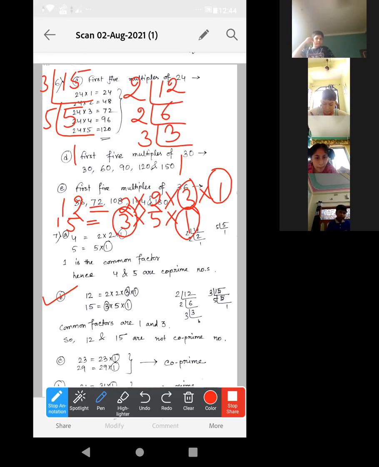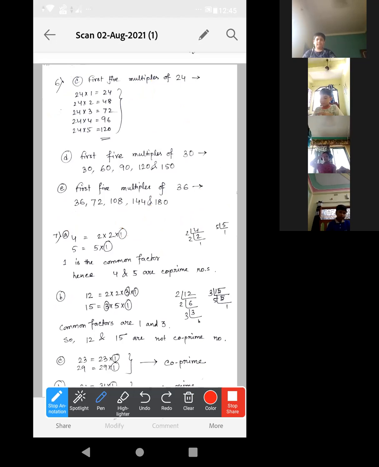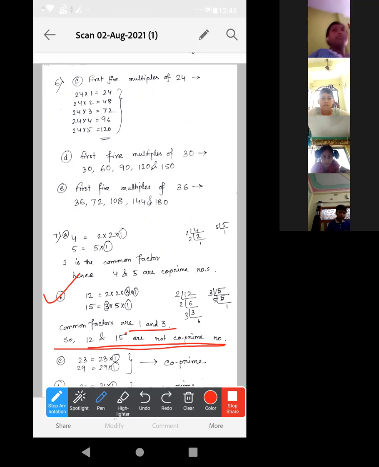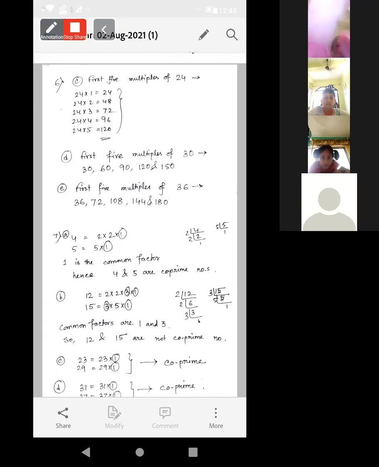These are not co-prime because rather than 1, we also have one more common factor, that is 3. So write the reason here. Number B, look. Common factors are 1 and 3. So 12 and 15 are not co-prime numbers.